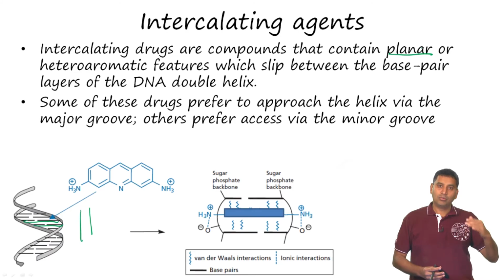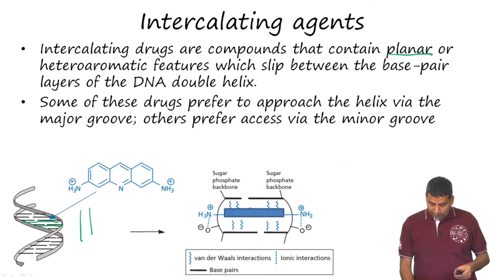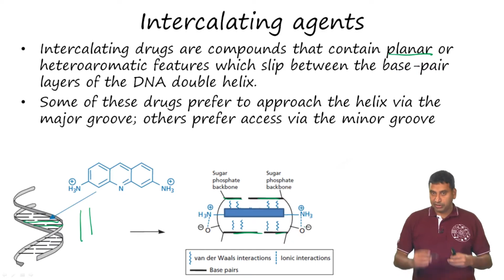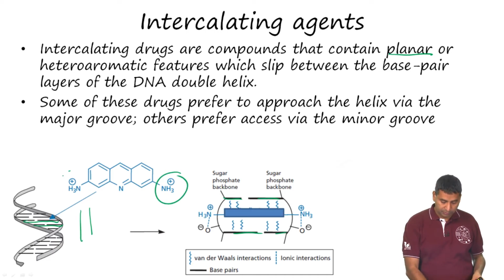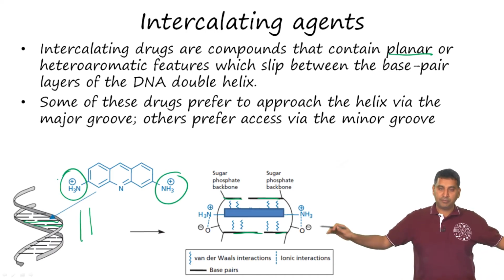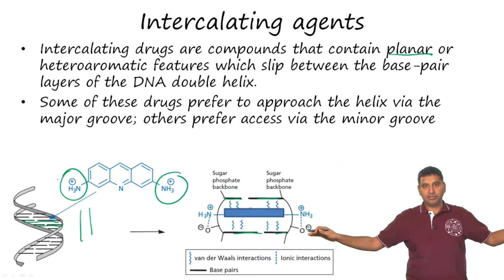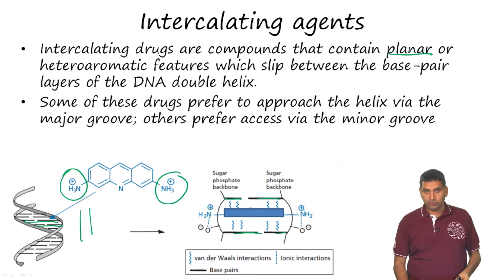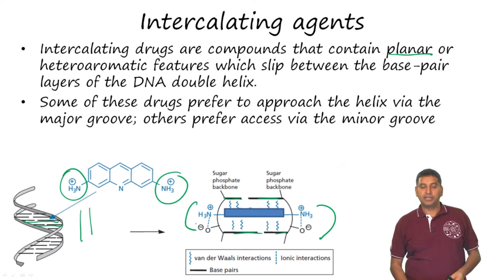Once this gets in, it can then bind to the two different base pairs as shown here, and some of these intercalating agents also have charged species on the periphery. These charged species, which are positively charged ammonium salts, for example, can then have ionic interactions with the phosphate backbone.